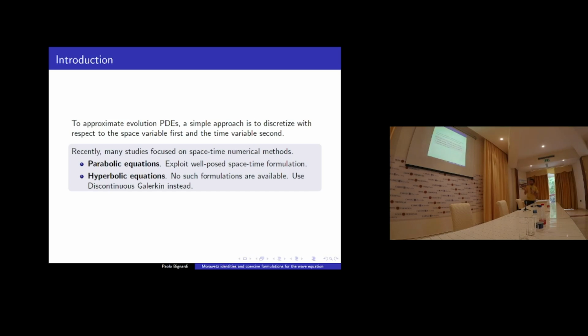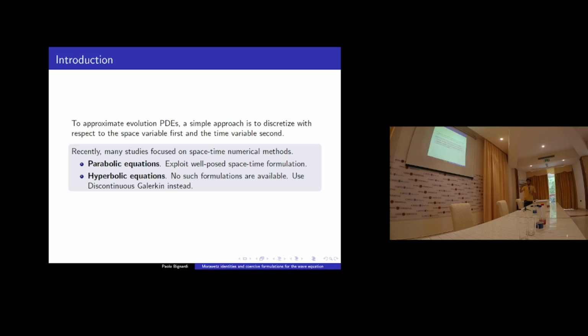For parabolic equations, this is actually a bit easier because there's a quite simple continuous and coercive formulation on the space-time cylinder, meaning the product of the space domain and the time domain. So many methods have been proposed, very diverse.